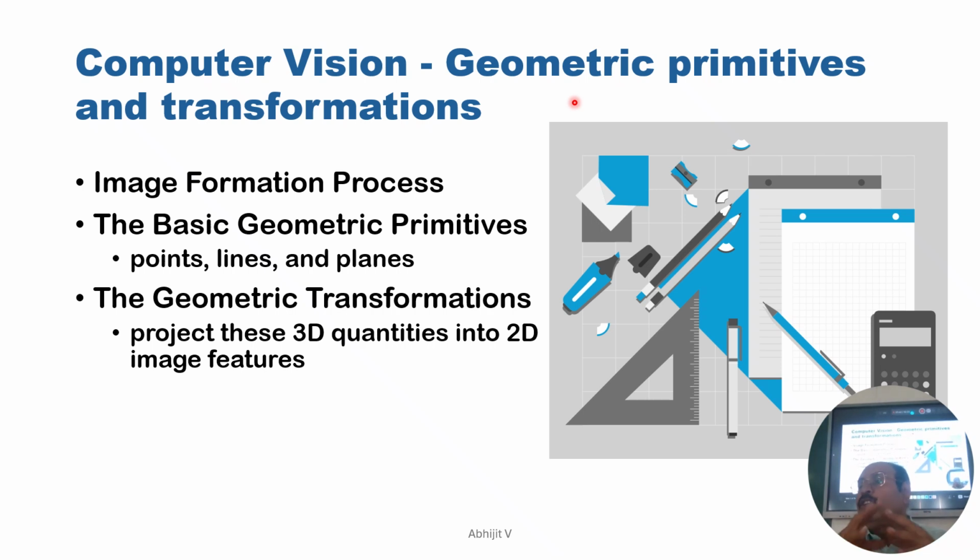Next, we'll see about transformation. What are the common operations that you do with an image? You rotate the image, you skew the image, you make some changes, right? You convert a color image to a grayscale image, and so on. Have you ever thought how your computer performs these kinds of transformations?